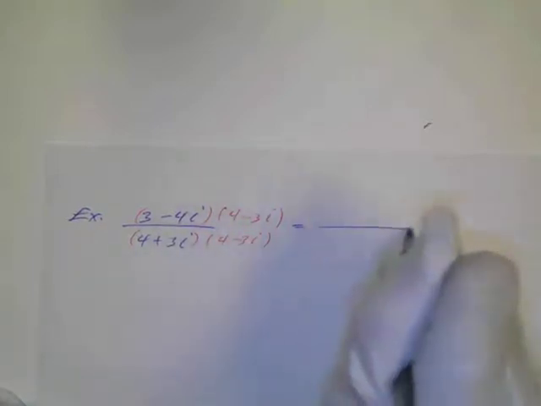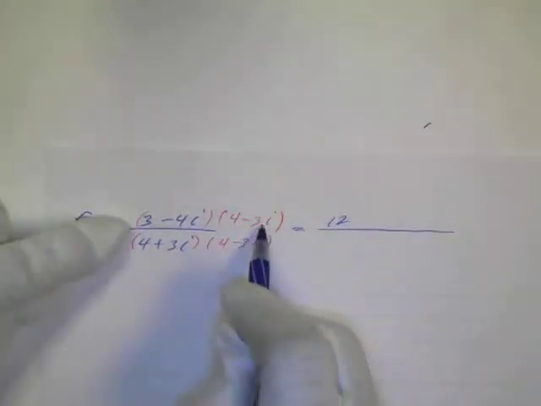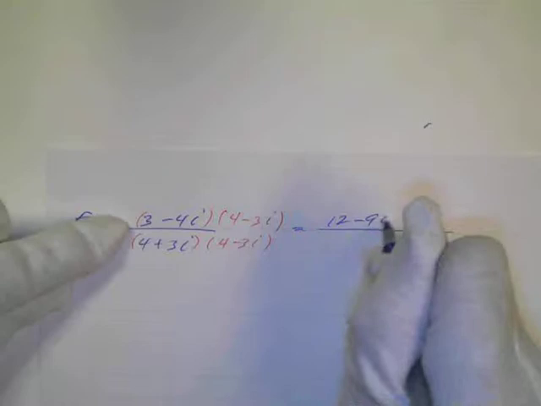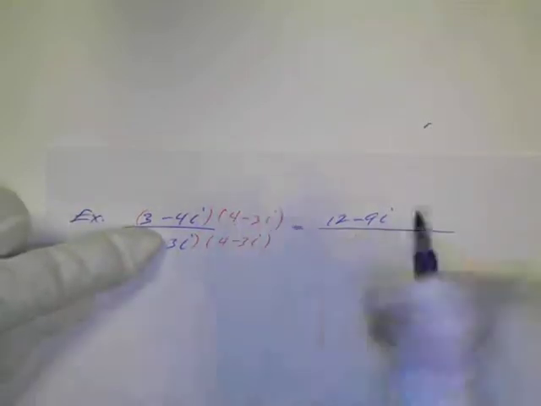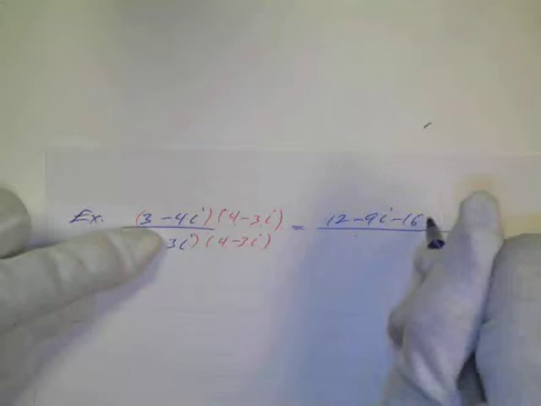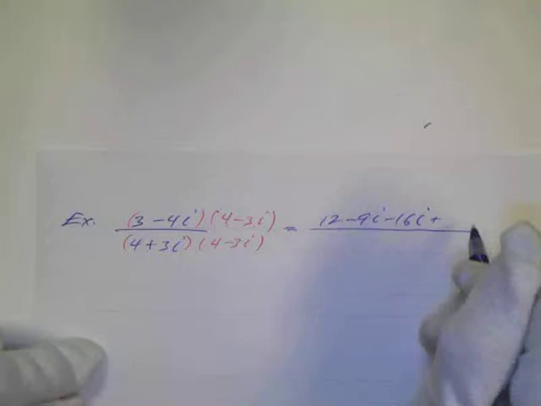So we'll multiply the top using the FOIL. 3 times 4 is 12. And then I've got -9i and -16i. 4 times 4 is 16. And then finally a negative times a negative is a positive. 3 times 4 or 4 times 3 is 12.